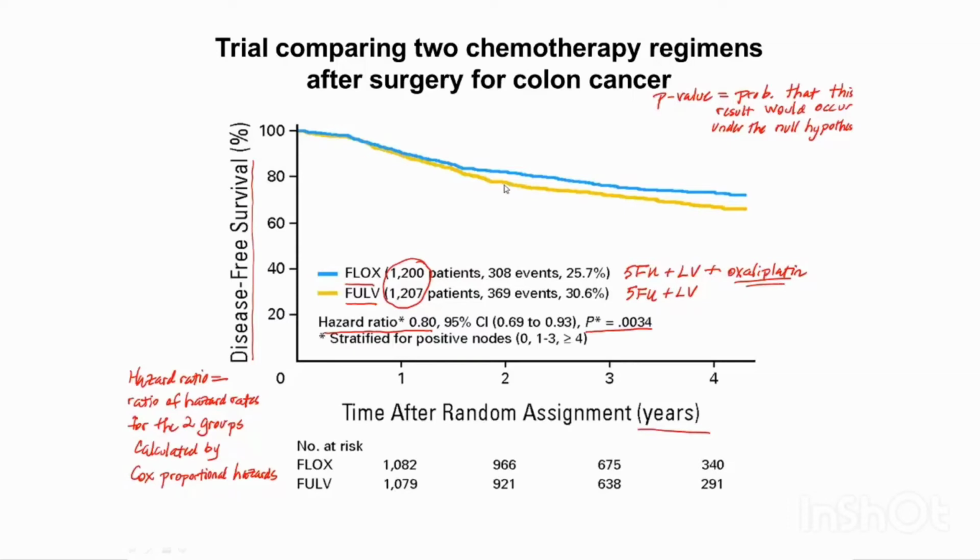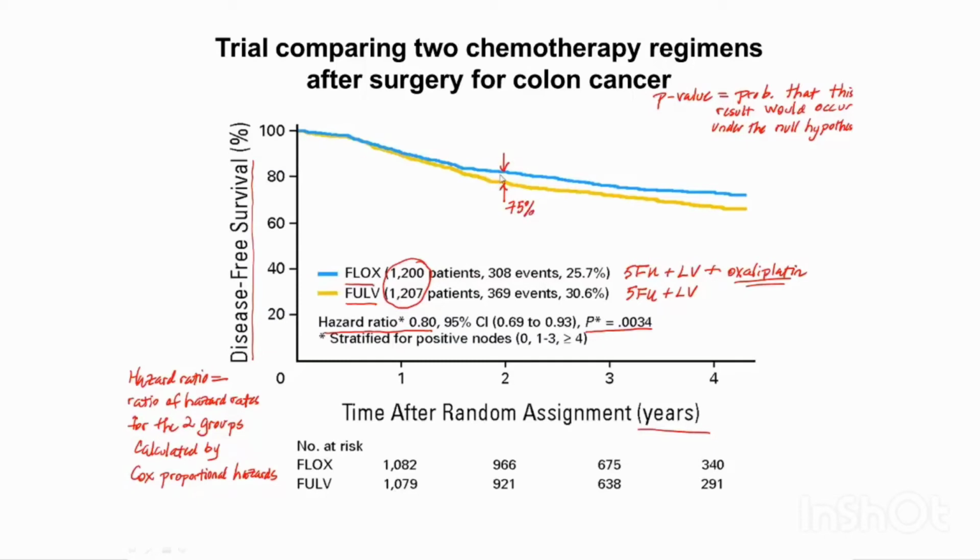And you could say to the patient, well, let's look at the 2-year mark. And at the 2-year mark, the chance that you would remain disease-free with just 5-FU and leucovorin would be 75%.